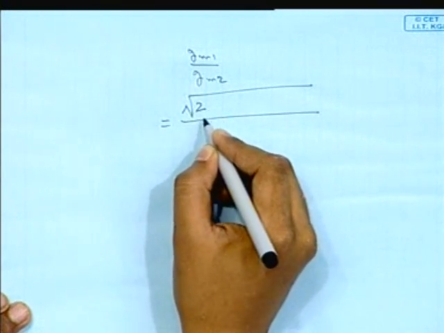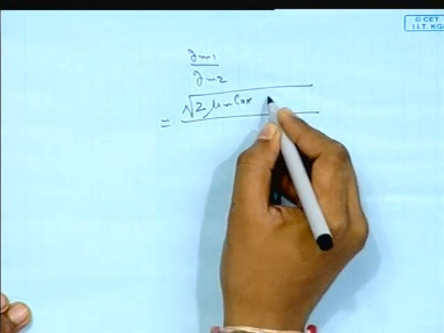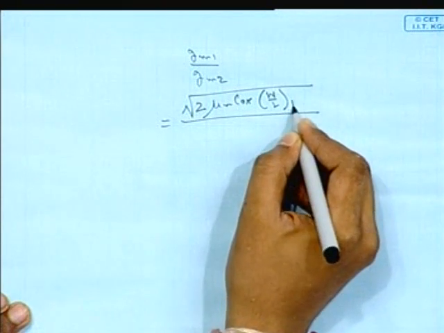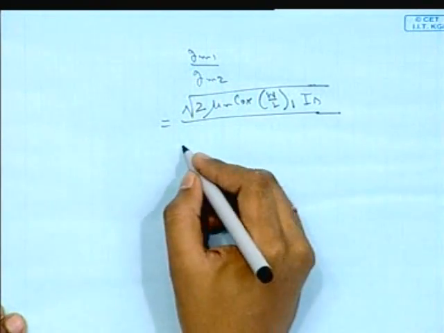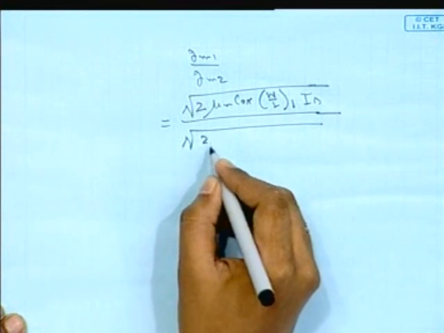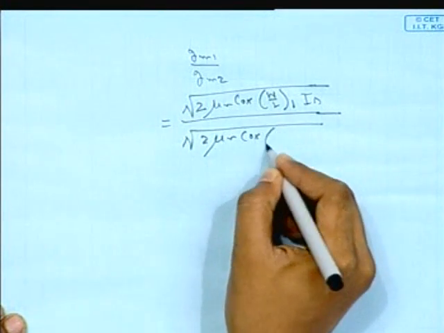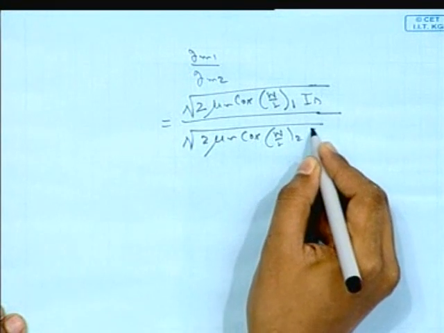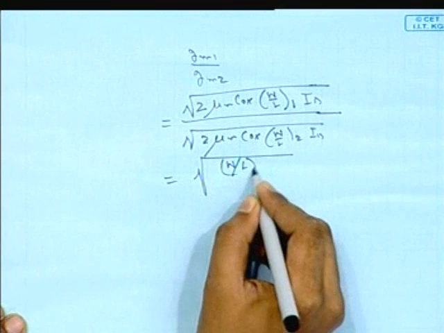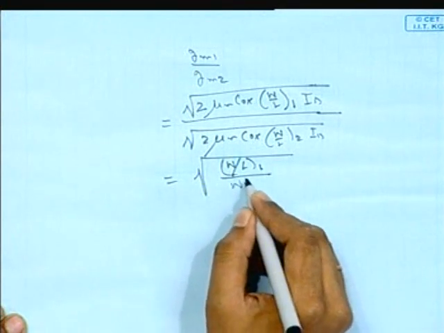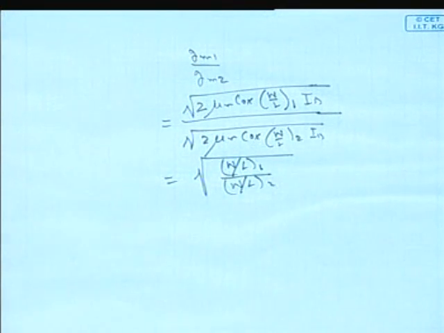Gm1 is nothing but the square root of 2 mu n Cox into W by L1 into ID, and the current through these MOS will be the same because they are in series, so Gm2 has W by L2 into ID. Hence, this is nothing but the square root of the ratio of these two devices. Hence, the gain dependence on the input voltage is nil here.